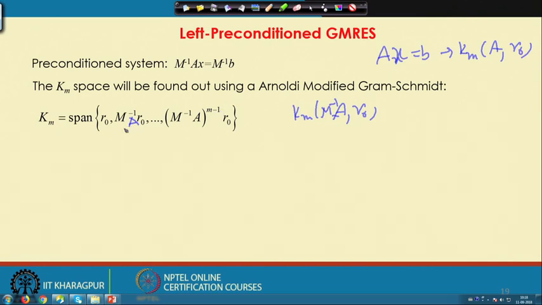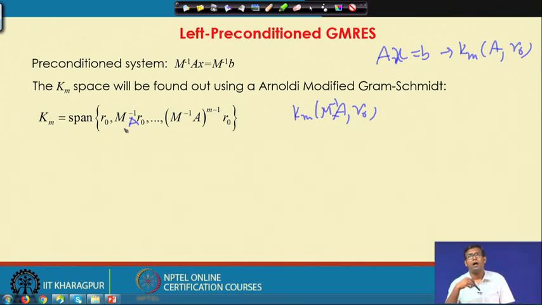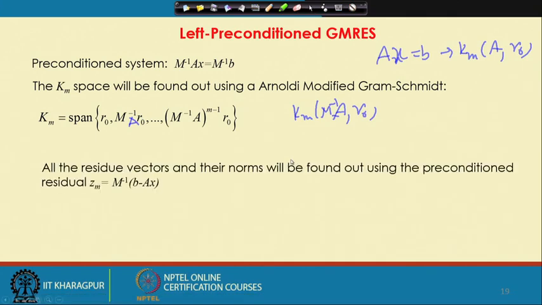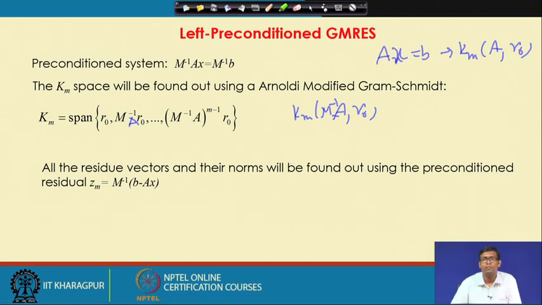The Krylov subspace will change, and we will use something like Arnoldi modified Gram-Schmidt to obtain the basis vectors for this particular Krylov subspace. All the residue vectors and their norms will be found using the preconditioned residual z is equal to M inverse (b minus A x).